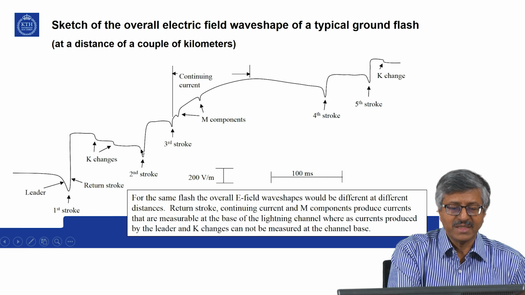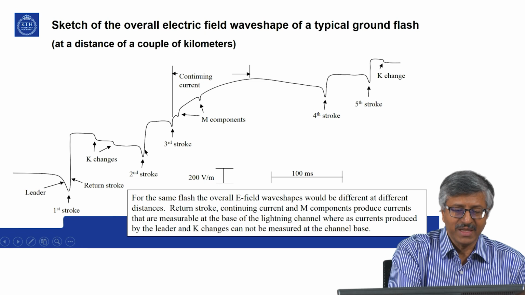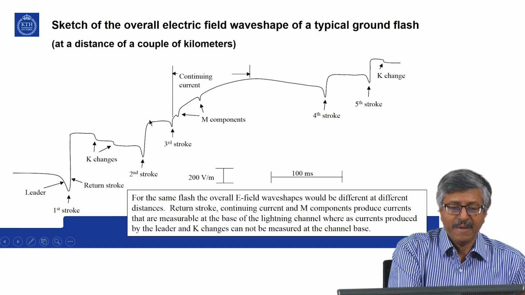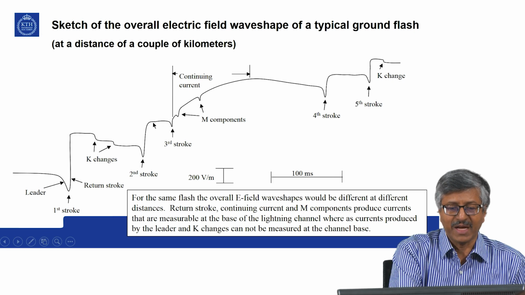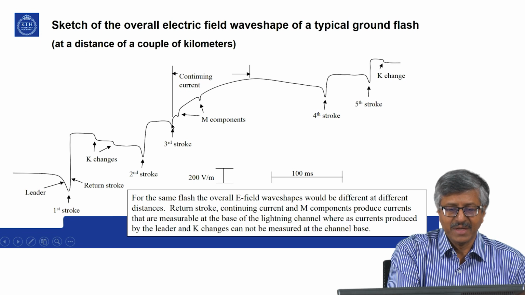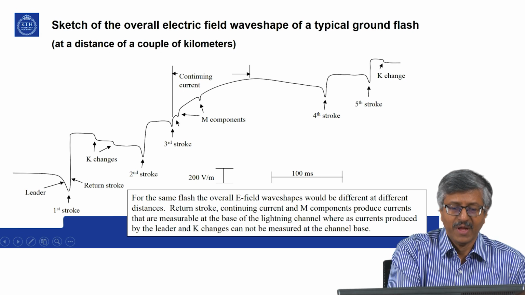Then as it approaches the ground, you will have another return stroke, and that return stroke is shown here, the second stroke, in microsecond scale. Then after that again you have a dark period. Then along the channel a third stroke. Obviously this is a very small stroke from the magnitude you can see.